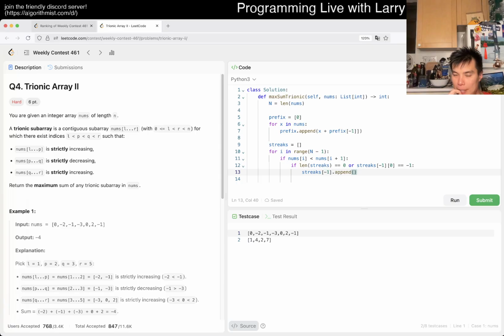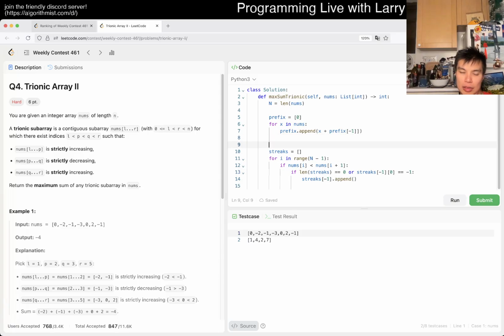Is that how I want to write it? It's so messy. Okay, so let's just say we have. Okay, so then now we write.